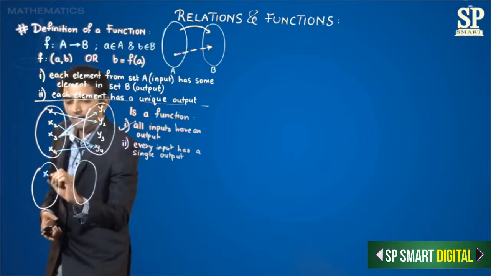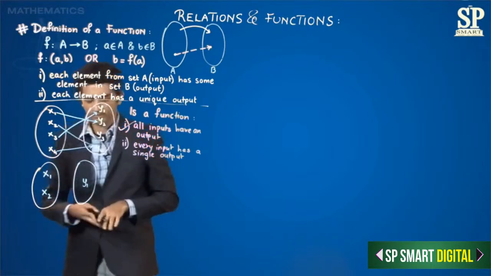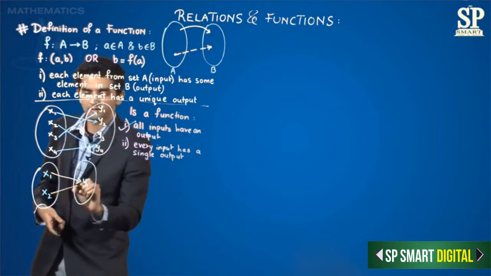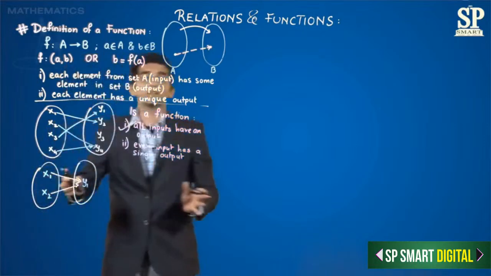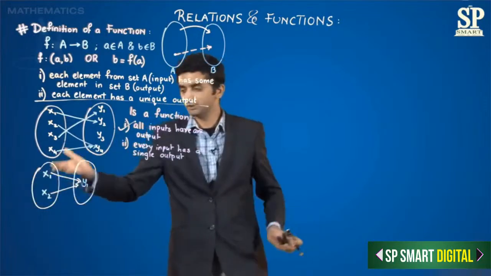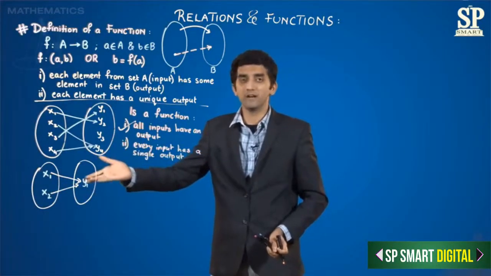Now let's say you have x1 and x2 over here, and here you have y1, right? In this case, if I have this particular connection, so to say a relation, because every function is a relation, I can call this a relation, but we need to understand whether this is a function or not.